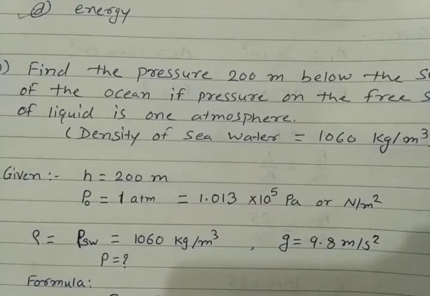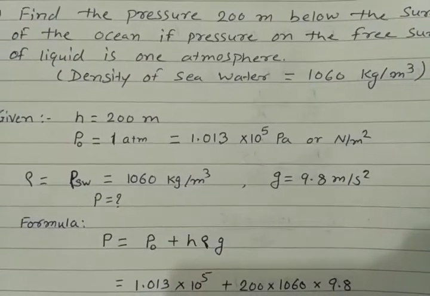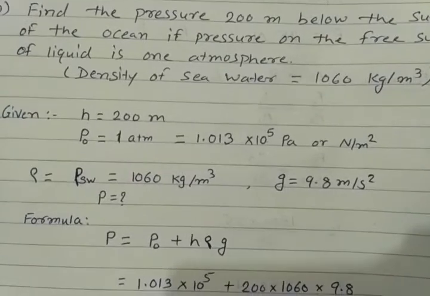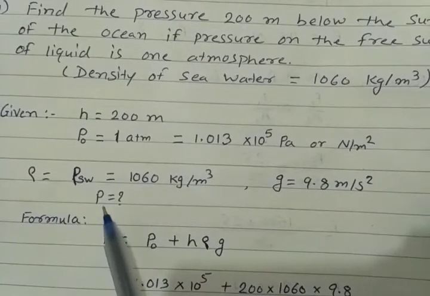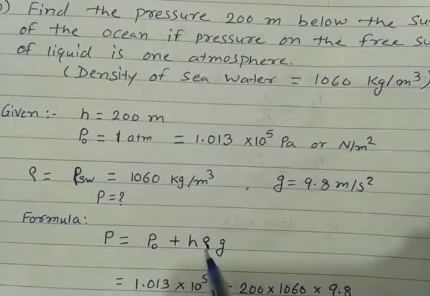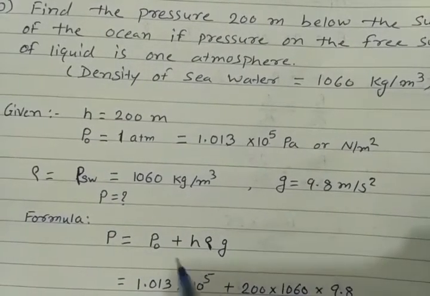So for that, the formula for pressure is P is equal to P0 plus h rho g. Here P0 is the atmospheric pressure, h is the depth, rho is the density of seawater and g is the acceleration due to gravity.